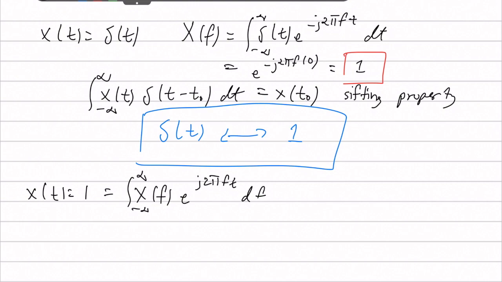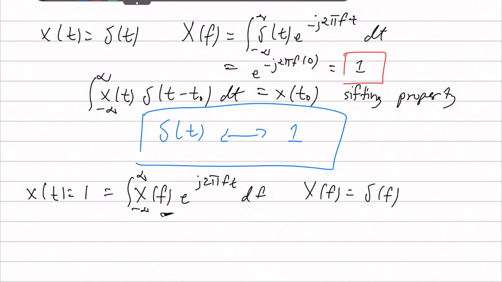Okay? So, if we compare this expression to what we did earlier in deriving the Fourier transform of the unit impulse, we can apply the same principle from the shifting property. And the logical answer is that X(f) must be equal to the impulse function delta of f.